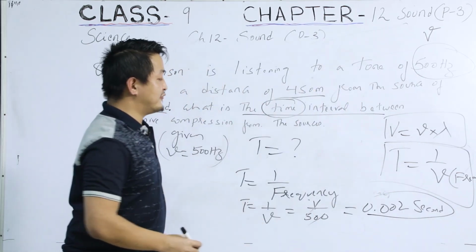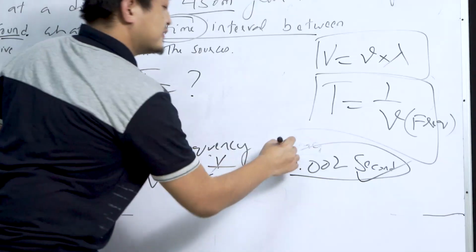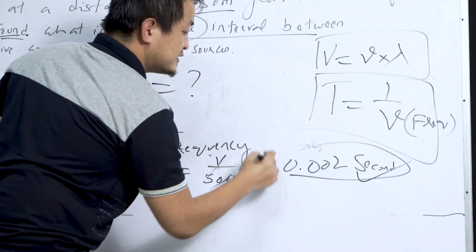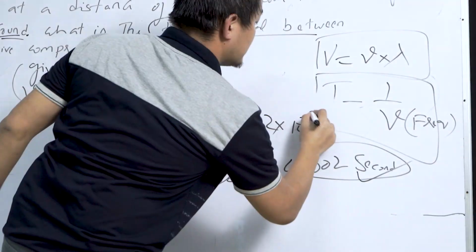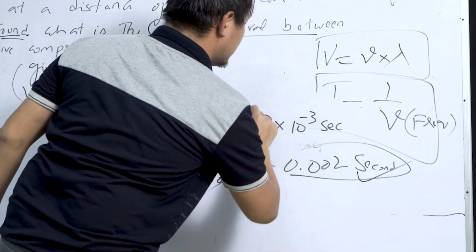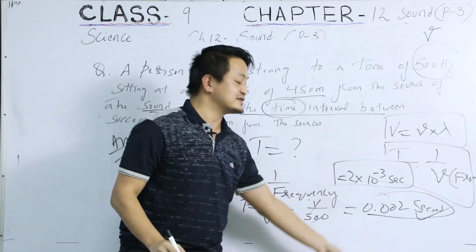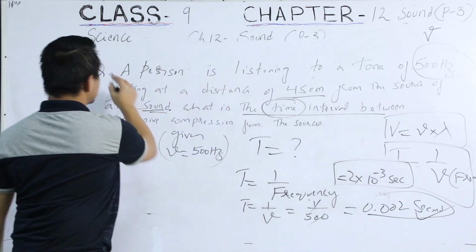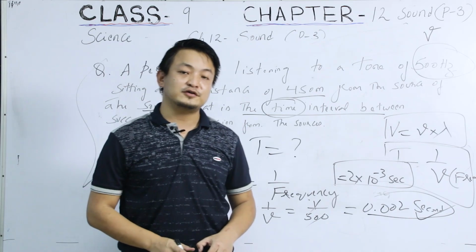If you write it this way, that is correct. But further, you can also write this as 2 into a power of ten. It is the same thing, clear? So this is all about the second numerical. That is all for today. Thank you, students. We'll continue in the next class.